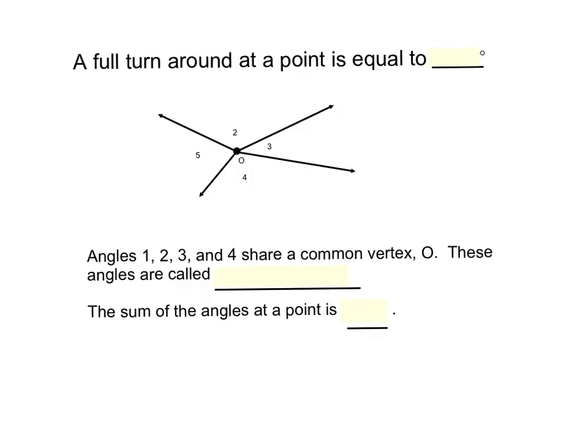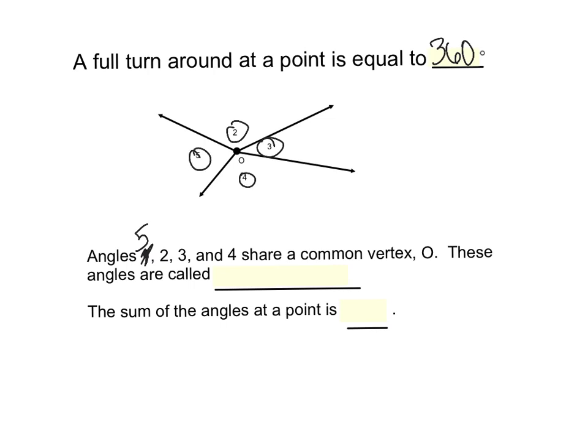All right, a full turnaround at a point is equal to 360 degrees. You might hear people say, hey, I just did a 360 when they are skateboarding. And that just means they turned all the way around. This angle shouldn't be angle 1. That should be angle 5, because my angles are angles 2, 3, 4, and 5.